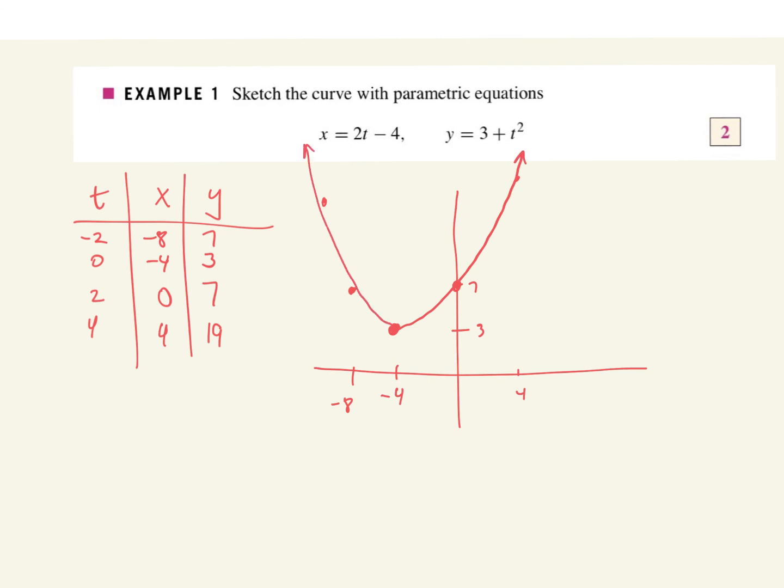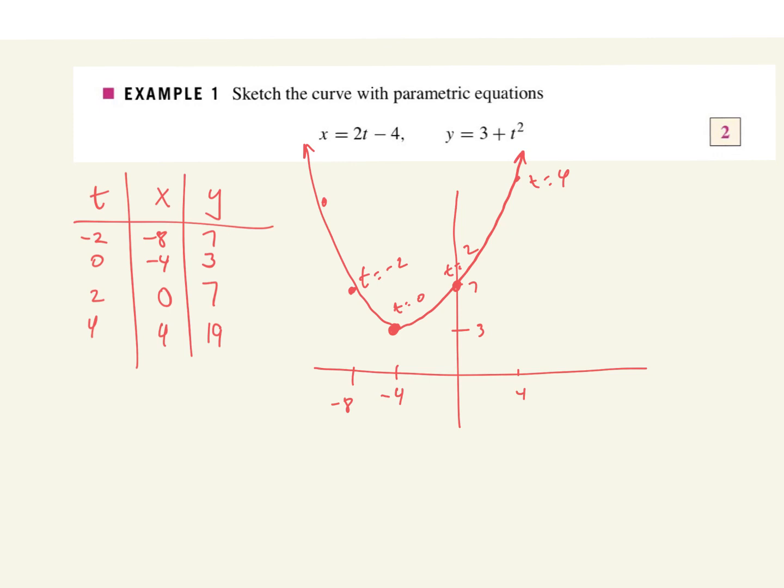So if we labeled this graph a little bit more carefully, we would then say t equals -2 here, t equals 0 here. Nope, I labeled that wrong. Forgot because we didn't actually do that point. t equals -2 here, t equals 0, t equals 2, t equals 4.